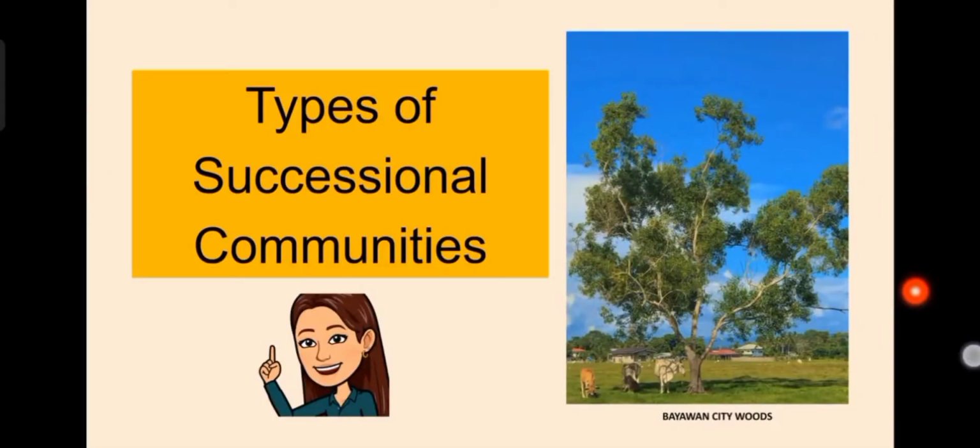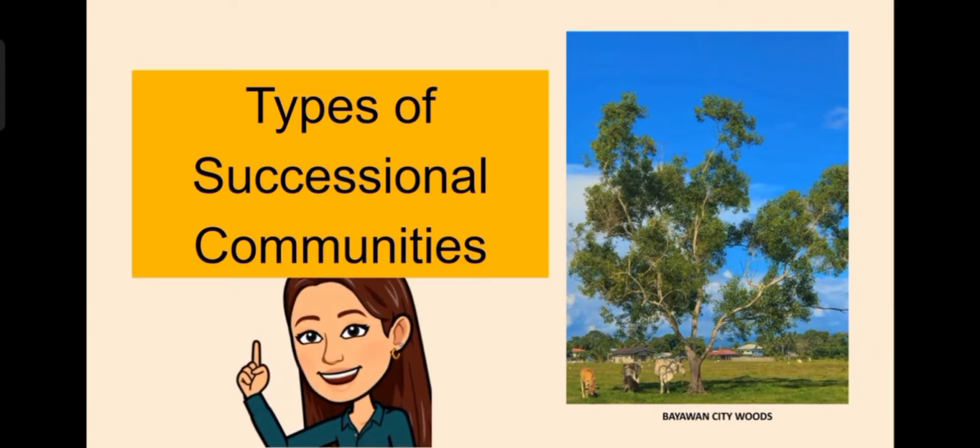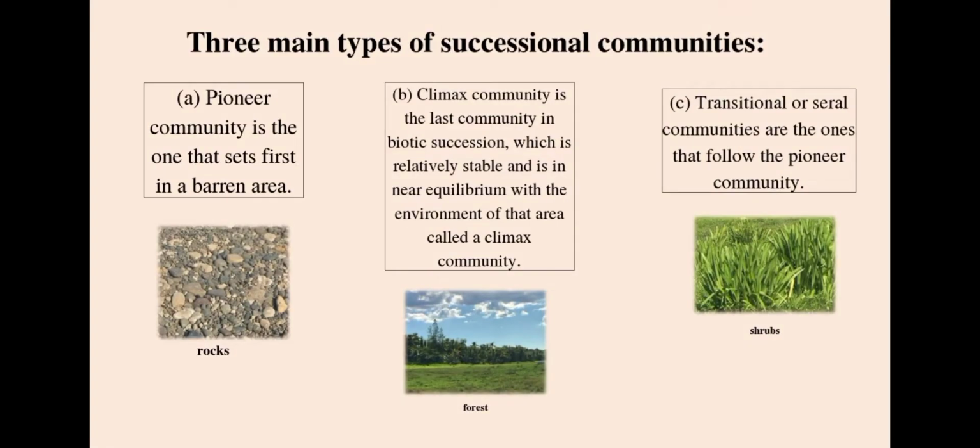Moving on, let us identify the types of successional communities. First, we have the pioneer community, which is the one that settles first in the barren area. Lichens on rocks, phytoplankton, and zooplankton in ponds are all examples of pioneer community. They thrive even in the worst conditions. Next, climax community.